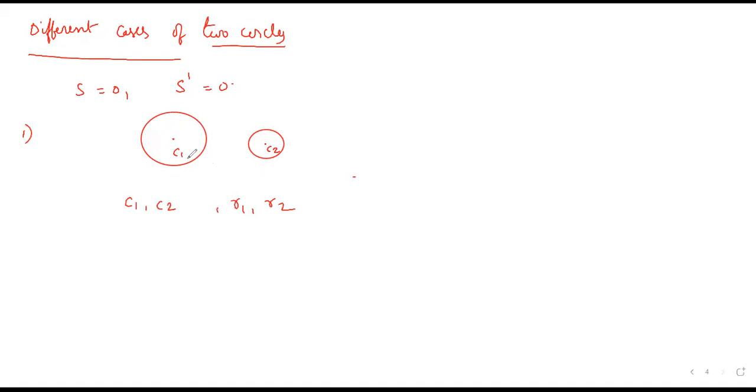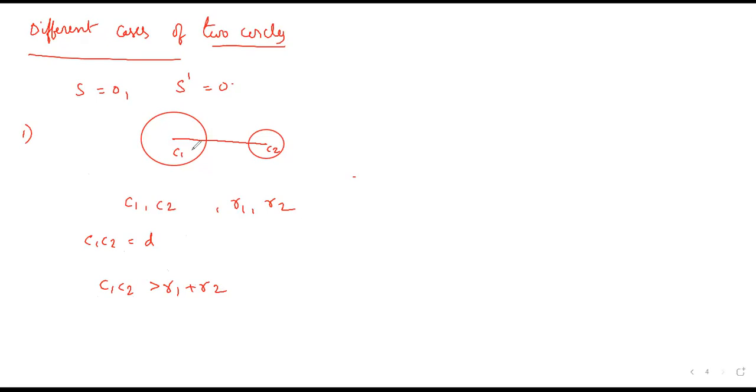To find the position of these two circles, first you have to find the distance between the centers, C1 C2, which we denote by D. And by comparing it with the radii R1 and R2, in this case we get C1 C2 is greater than R1 plus R2, meaning the distance between the centers of the two circles is greater than the sum of the radii.